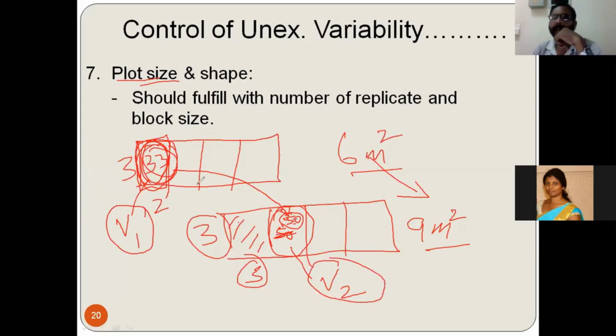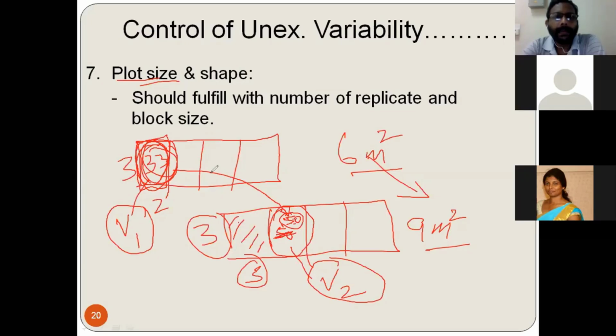Which one is higher, which one is lower? We learned this in the first course. V2 is higher than V1.